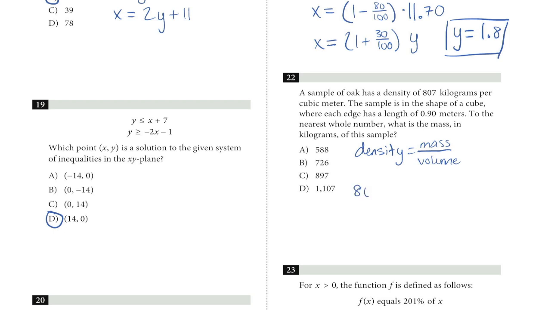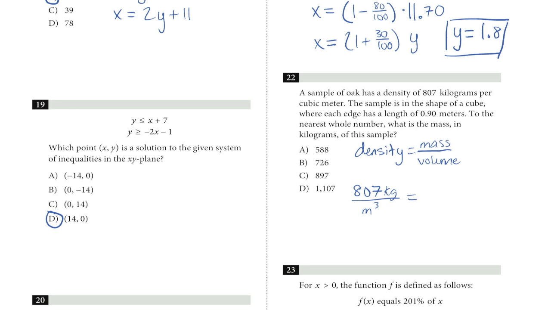So here we know the density. They said it's 807, and they said kilograms per cubic meter, which, another way to say it, is meters cubed. The sample is in the shape of a cube, which has an edge length of 0.9 meters. So because of them telling us that, we can find the volume of the cube.